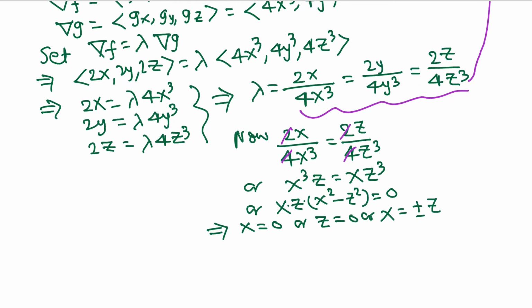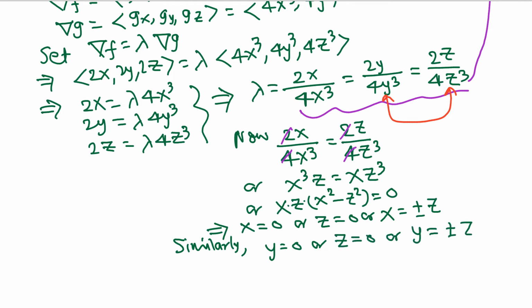So this is from the first and third ratio. Similarly, if we take second and third, we're going to get y equals 0, or z equals 0, or y equals plus or minus z.